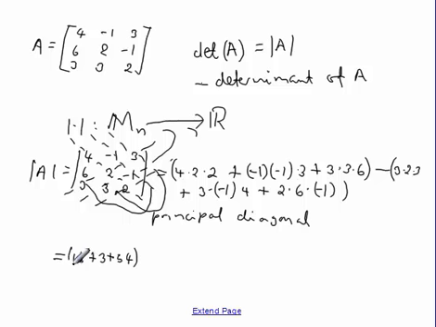Then we put that there, minus, this is 9, 18, 12, minus 12, plus, minus 12, minus 12. Looks like you're going to get minus 6. And there, come again, 73.